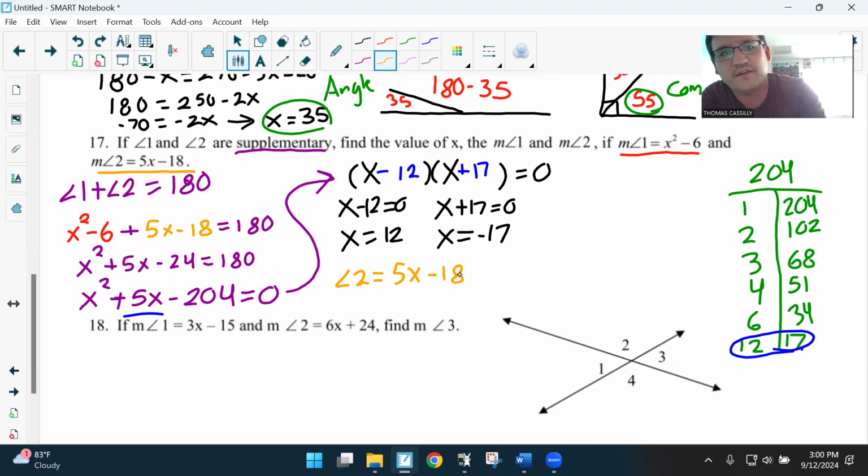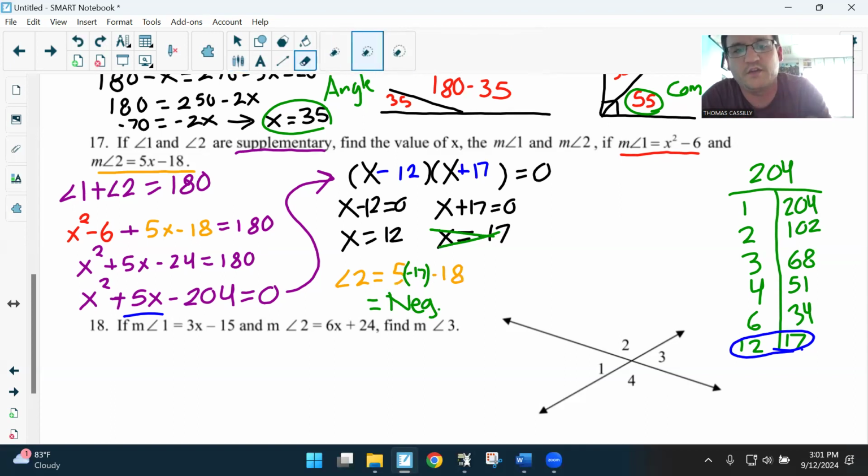Well, if I plug in that negative 17 here, I'm going to have 5 times negative 17 minus 18 more. That is a negative number. We don't have negative angles in this class. So x equals negative 17, that's no good. That one is what we call extraneous, so we're going to eliminate that one.